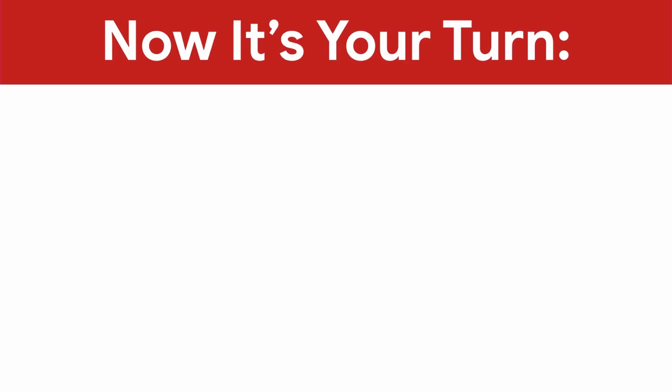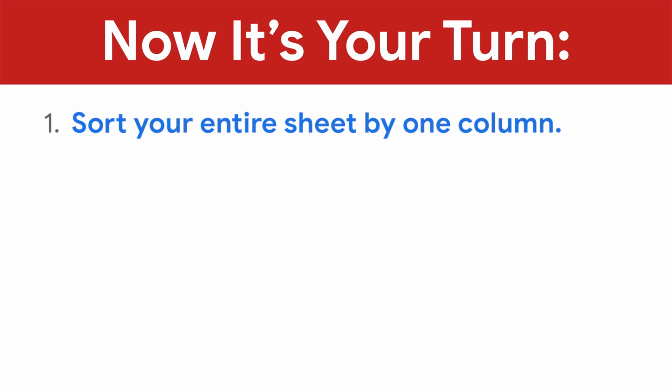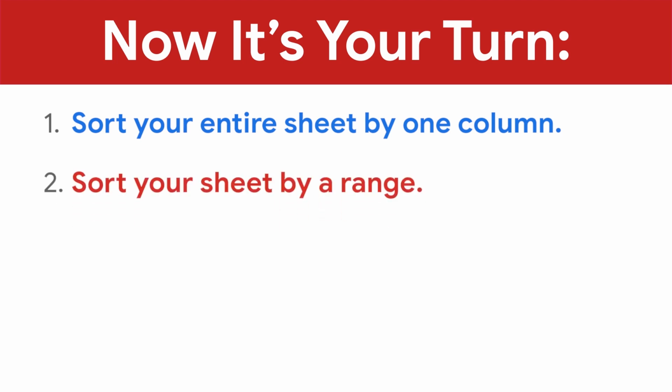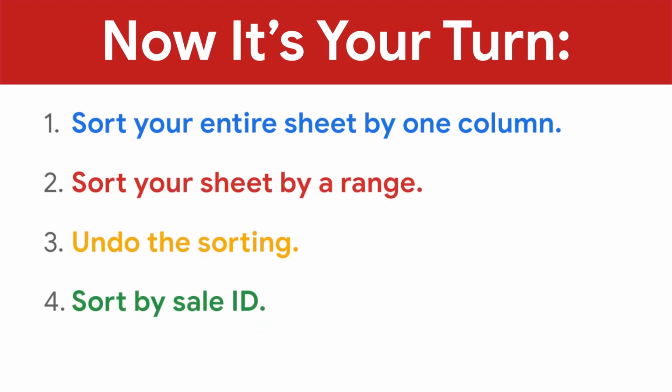Now it's your turn. Sort your entire sheet by one column, sort your sheet by a range, undo the sorting, and sort by sale ID.